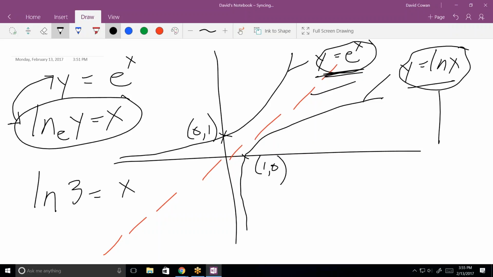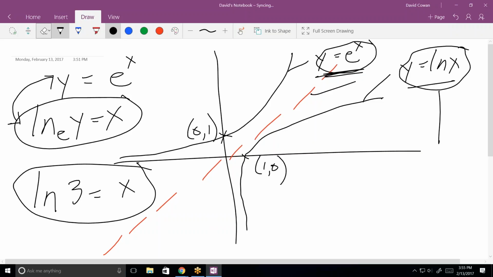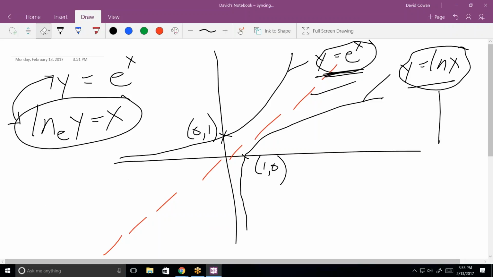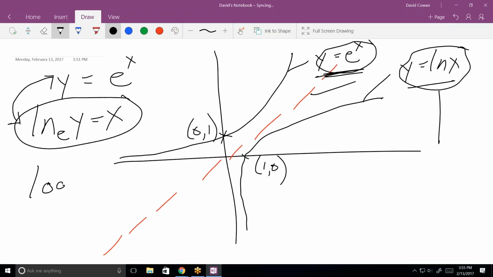How do you solve that? Hold on, let me change that a little bit. I want to make this a little more descriptive. If I said common log of 2 equals x, how do you solve that?